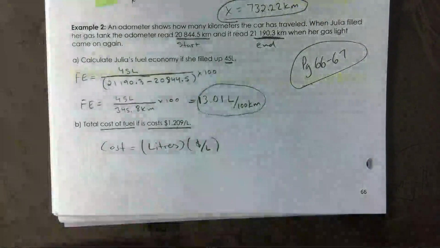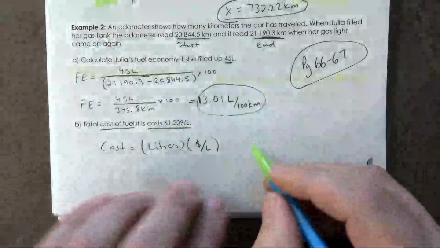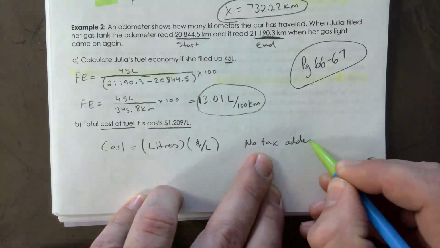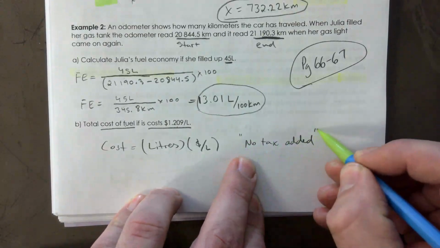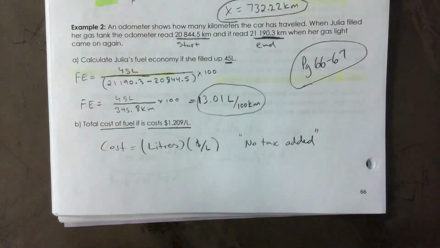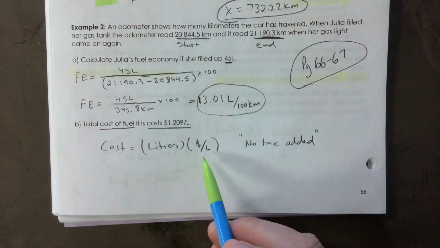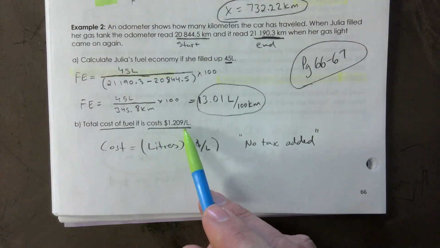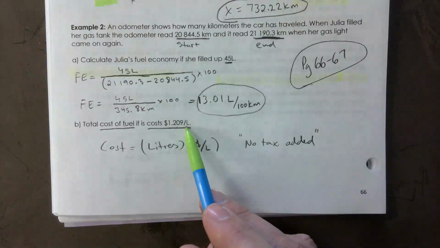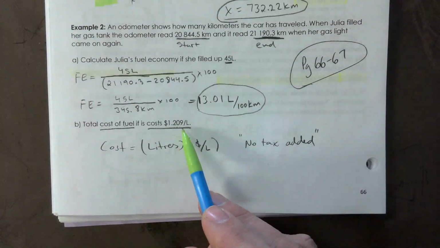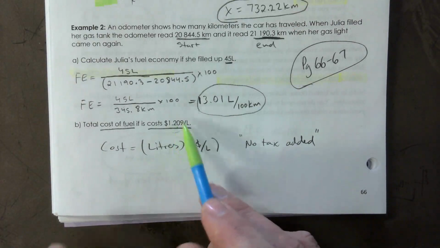Never add taxes to fuel, okay? No tax added. And the reason is, don't be thinking, oh, no taxes on fuel. You pay tons of taxes. But the price you see at the pump is already taxed 1,000 times. I'm just exaggerating, but the province gets a cut, the city gets a cut, everybody gets a cut from that price right here.